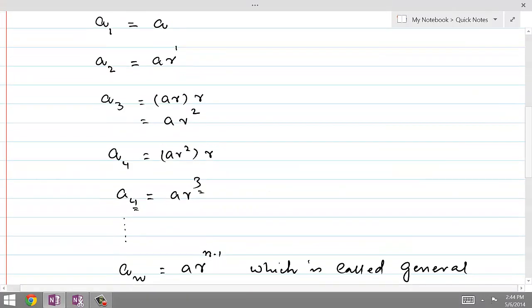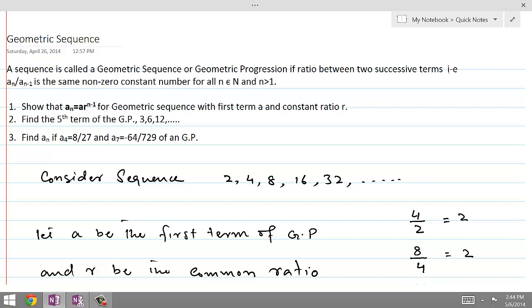Let's do another question, and the next question given is: find an if the fourth term is equal to 8 by 27.